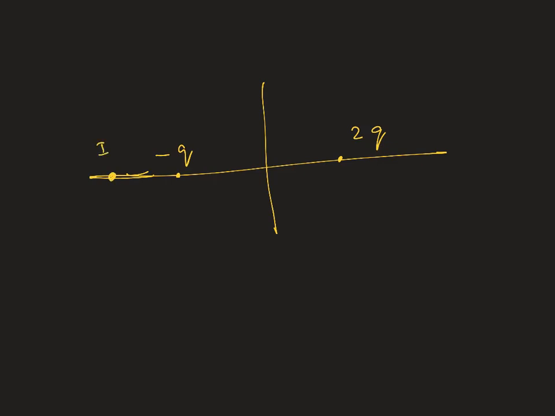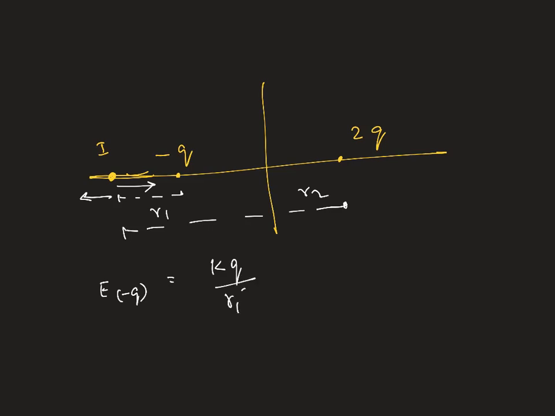So due to minus q, the field will be towards, and obviously due to plus 2q it will be away. Let's say this distance is r1 and this distance is r2. What will be the field due to minus q? It will be kq upon r1 squared. What will be the field due to 2q? It will be 2kq upon r2 squared.